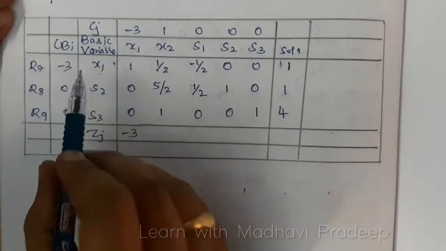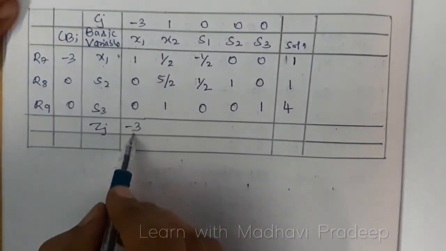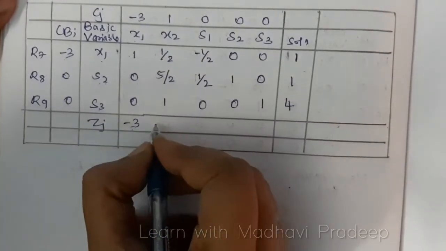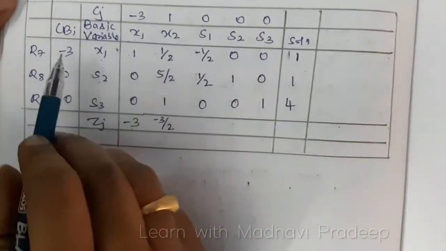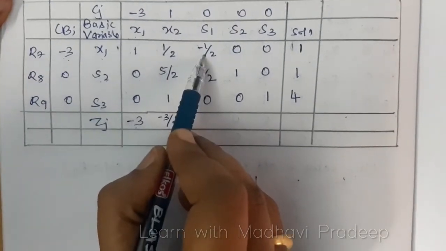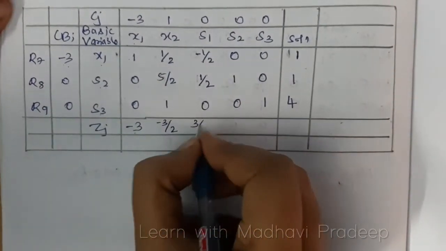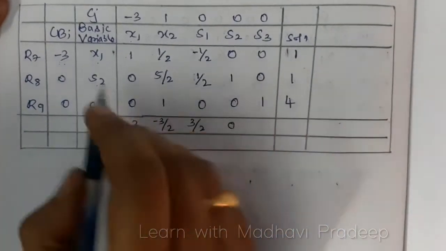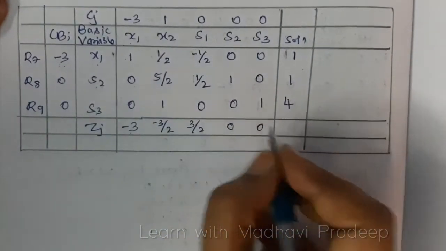That is the Zj value now. So minus 3 into 1 we got minus 3. Next minus 3 into 1 by 2, that is minus 3 by 2. Again minus 3 into minus 1 by 2, minus into minus becomes plus, so 3 by 2. Minus 3 into 0 is 0. Minus 3 into 0 is 0.